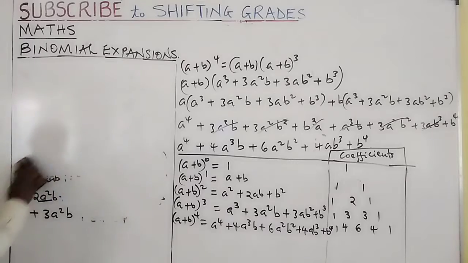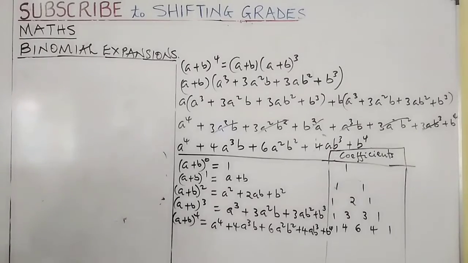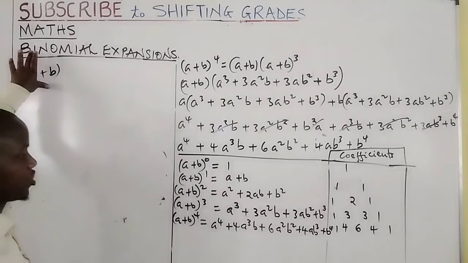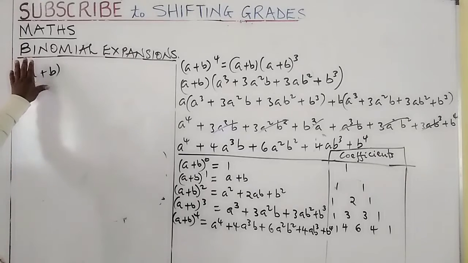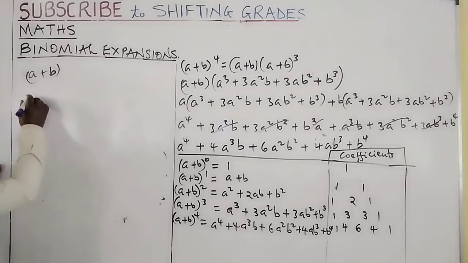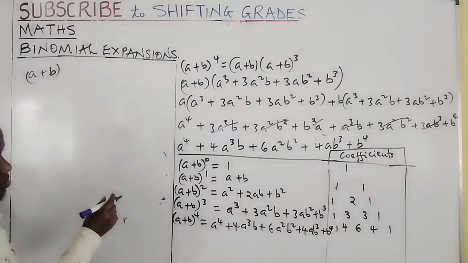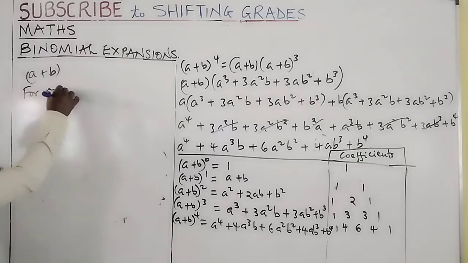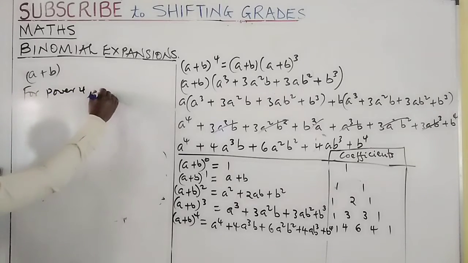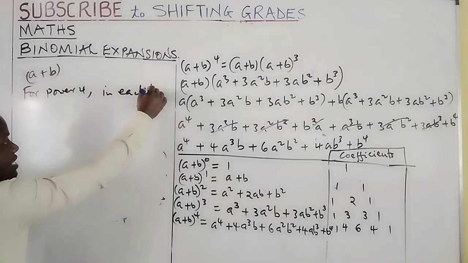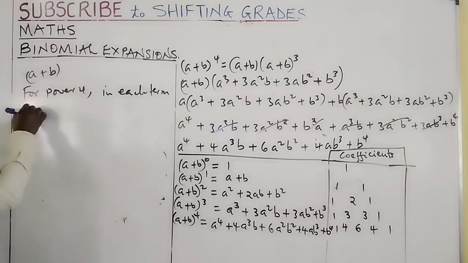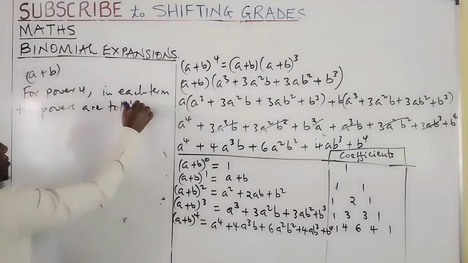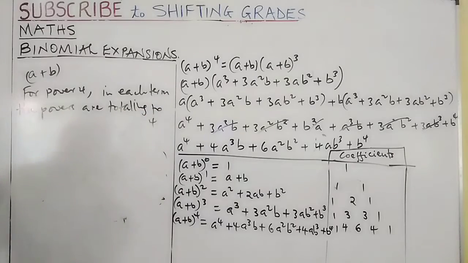We should note that with a plus b raised to different powers, in each case here, for power 4, in each term the powers are totaling to 4.